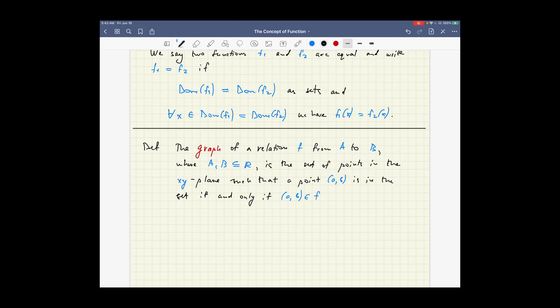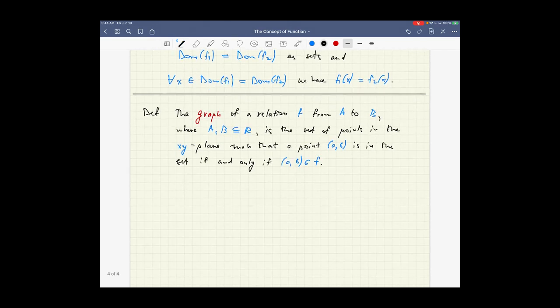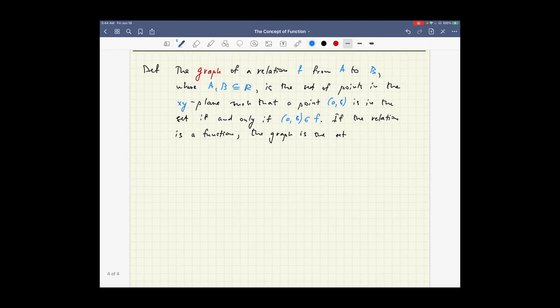We will have a graphical example in a moment. Moreover, if the relation is a function, the graph is simply the set of x comma f of x in parentheses, where x runs over the domain of f.